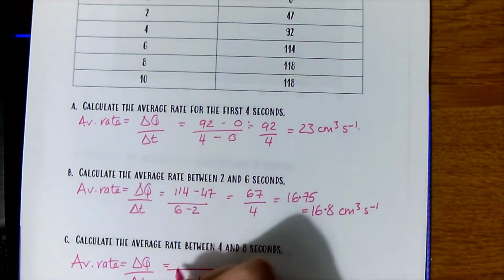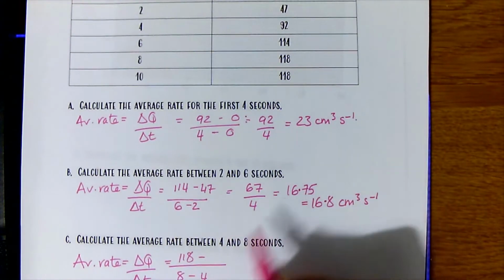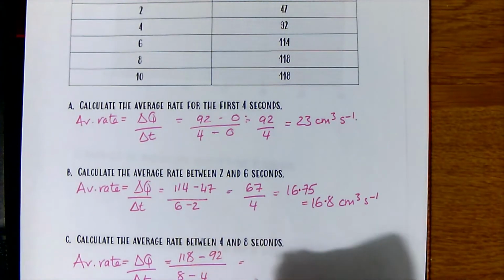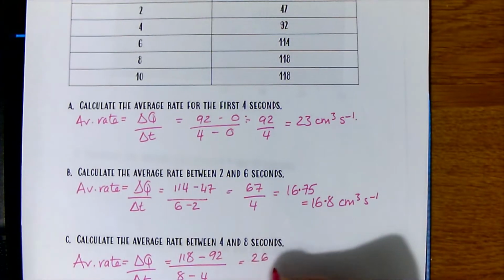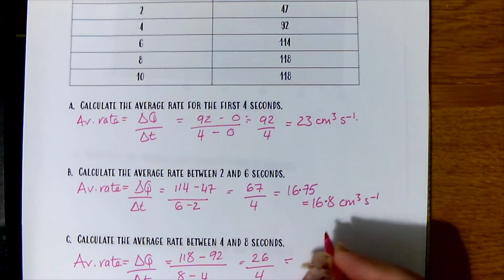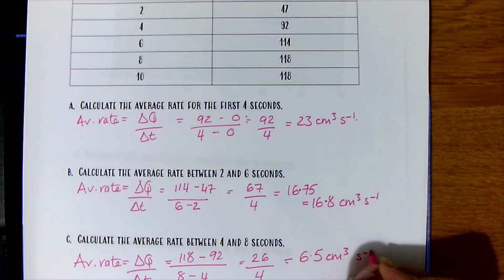At 8 seconds we have 118 centimetres cubed of gas produced. And at 4 seconds we have 92. 118 minus 92 will give you 26. Divide that by 4 and we get 6.5 centimetres cubed per second.